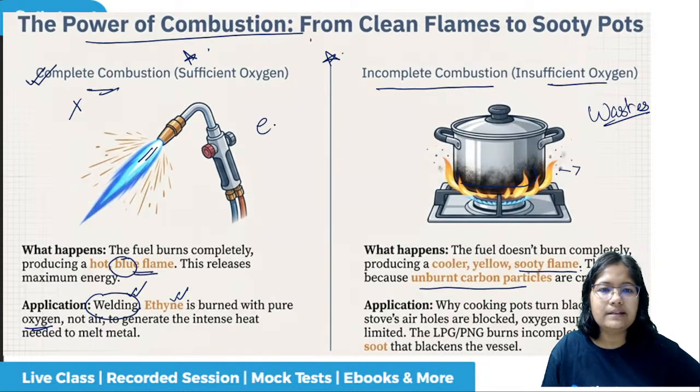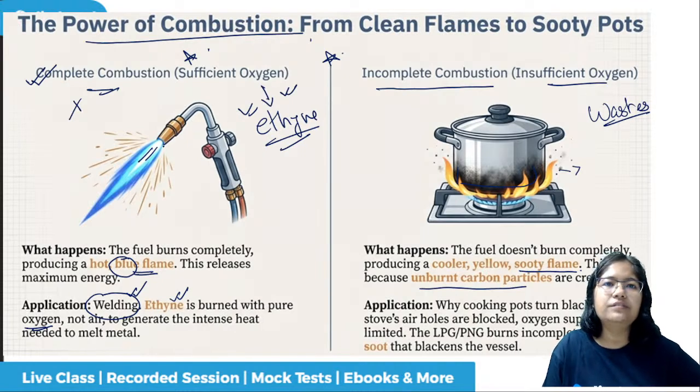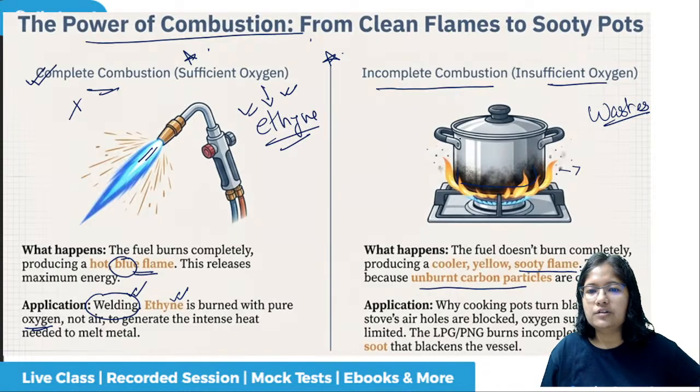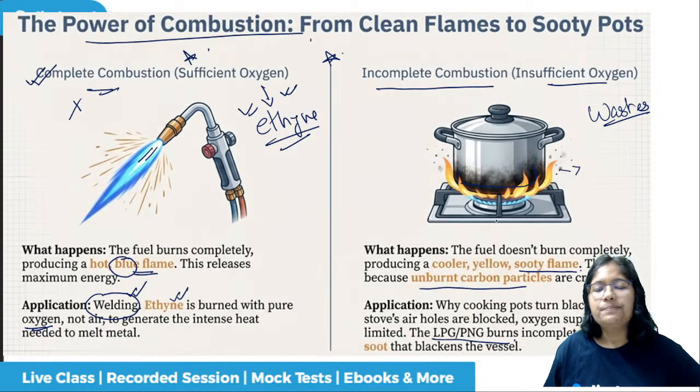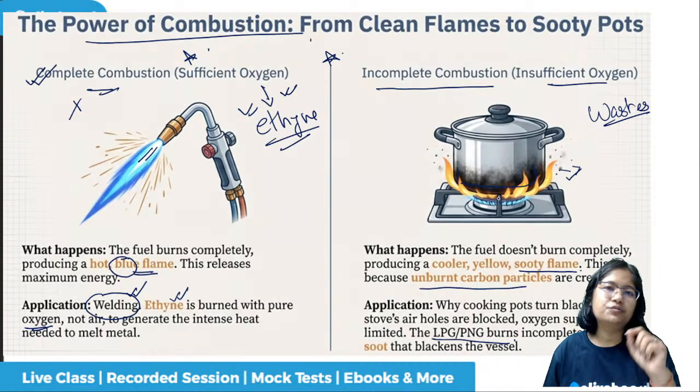So ethyne is burned with pure oxygen to give welding. Okay, and then in case of incomplete combustion, whenever you are cooking with wood, for example, the vessel will turn more black because there is insufficient oxygen. And in gas, if you are cleaning the pores from time to time, then there will be sufficient oxygen and there will be complete combustion.